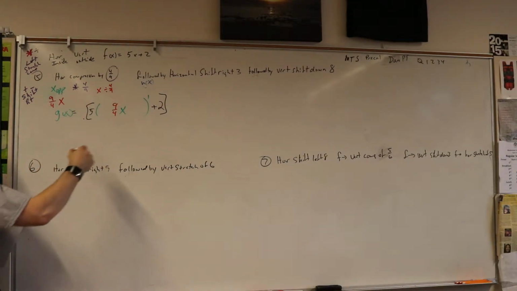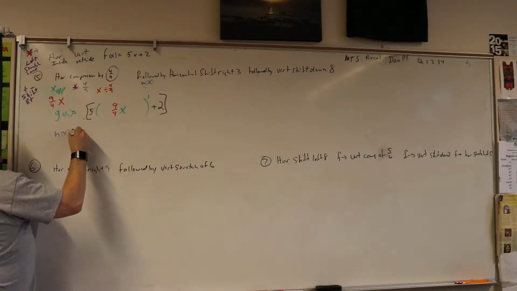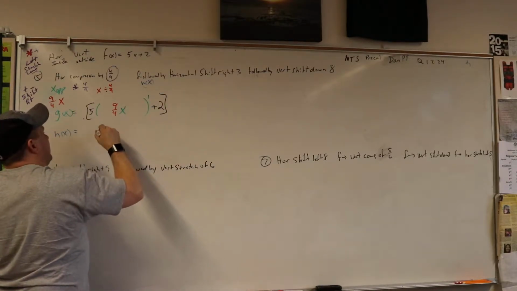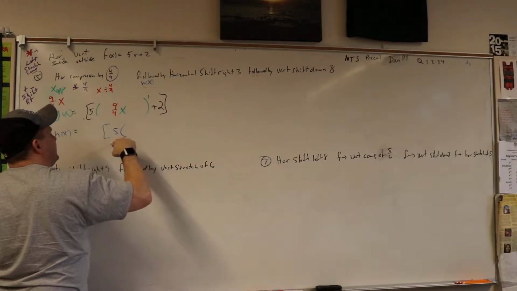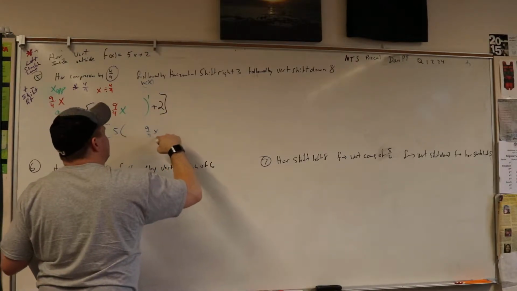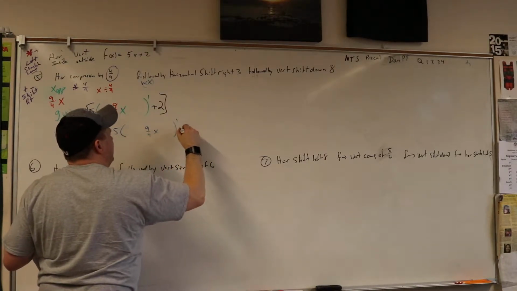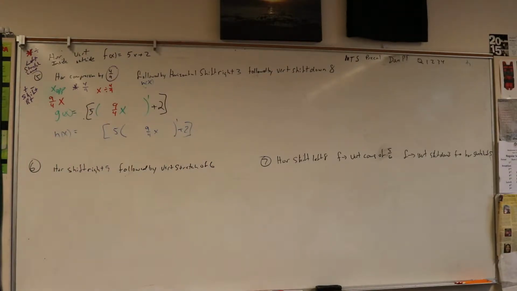So again, we're going to go h of x equals space, parentheses, 5, parentheses, space, 9 fourths x, space, parentheses, 1 plus 2, okay? And we're ready, okay? I'm terrible. I'll get better.